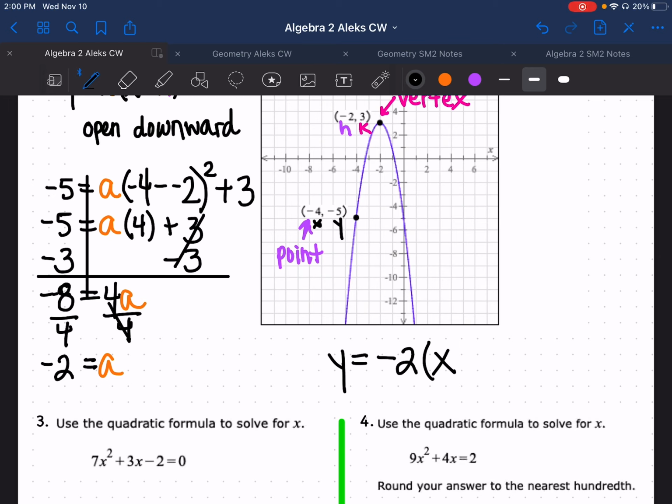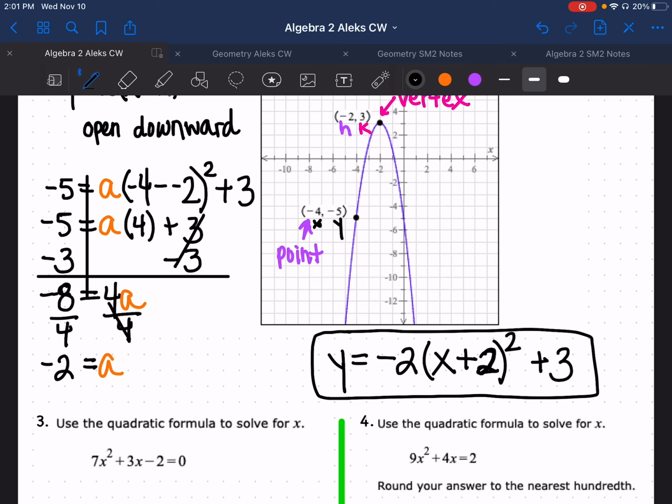My H value is -2, so remember it's going to become a +2 because it's always the opposite of what it appears. And then K is going to go in just like K would. There is my equation. Okay, make sure that you write that down and that you look at that because this is exactly how you're going to do it on your quiz.